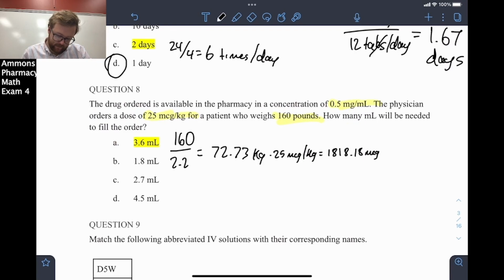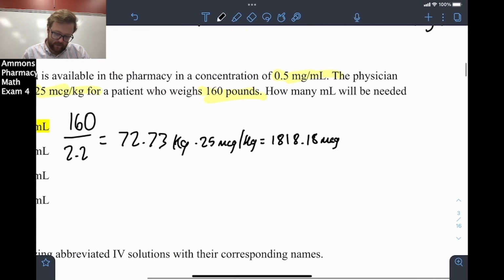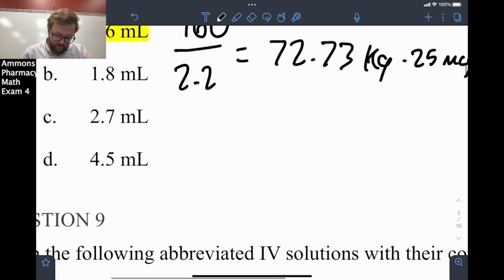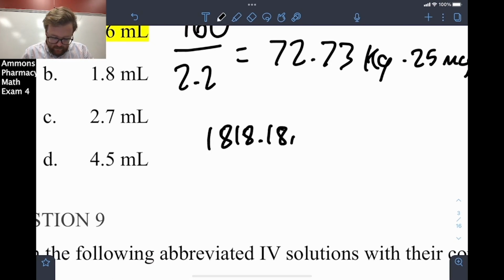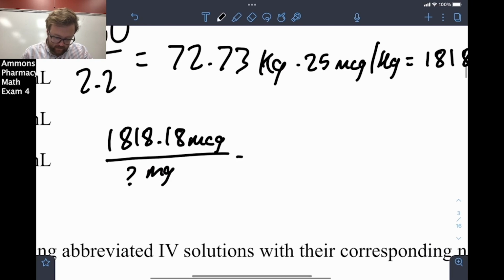So it's in milligrams per mil, so I'm going to go ahead and calculate that in milligrams. So if you remember, we have 1,818 micrograms. We need it in milligrams. And this is the conversion factor. So if you remember, micrograms is 1 million, milligrams is 1,000.